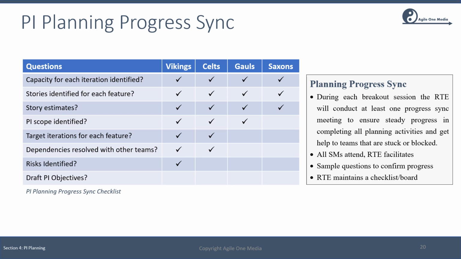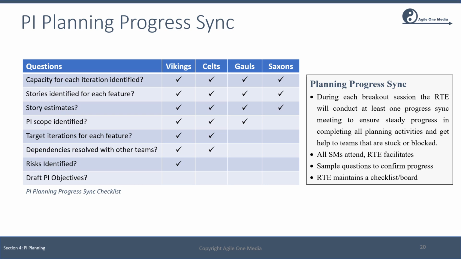So for example, each team has confirmed its capacity available, stories have been broken out or identified for each feature, story and feature estimates are done or are making progress, overall PI scope has been identified, and then target iterations for each feature have been determined.